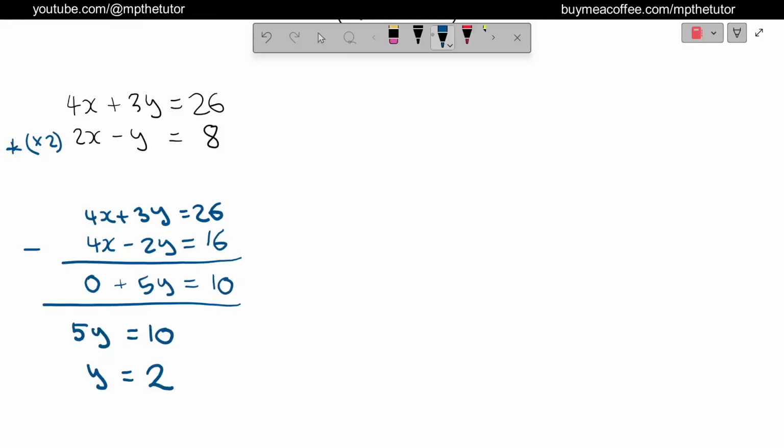I'm then going to plug that into our formula, which I put a little star next to. So you have 2x minus y equals 8, or 2x minus 2 equals 8. I'm going to add 2 to both sides to get rid of this minus 2. So that gets you 2x equals 10.